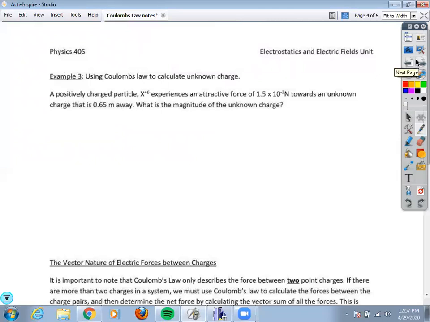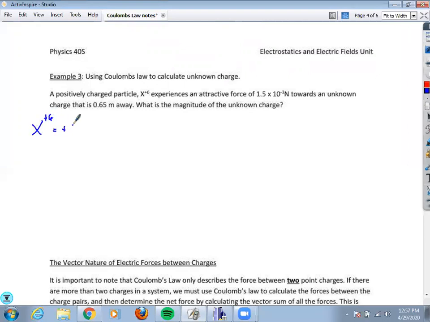Okay, using Coulomb's law to calculate an unknown charge. A positively charged particle, x to the power of plus 6. x plus 6 means plus 6 elementary charges, which is 6 times 1.602 times 10 to the negative 19 coulombs.